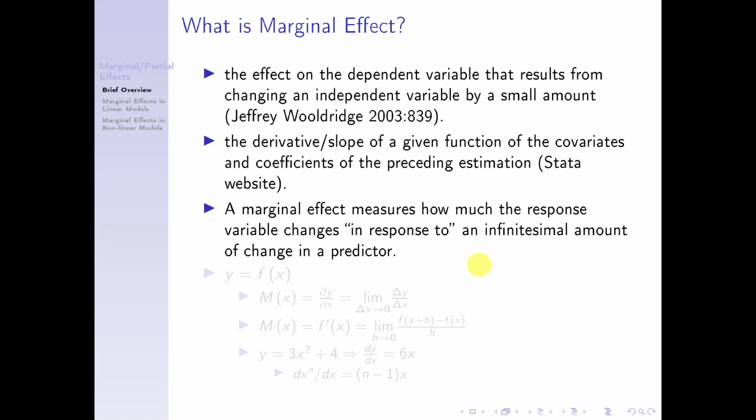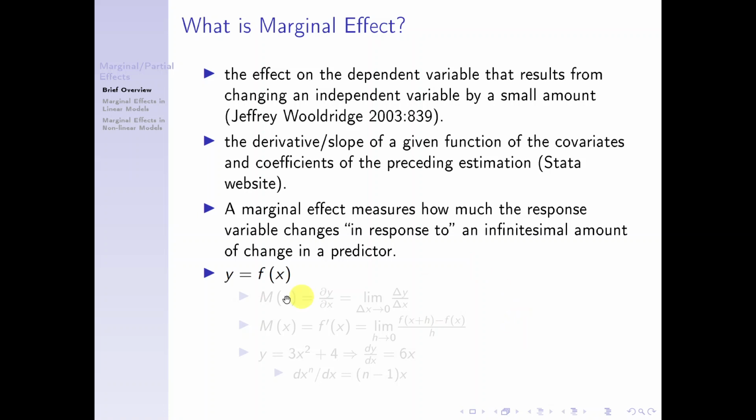Again, a marginal effect measures how much the response variable changes in response to an infinitesimal amount of change in the predictor, given the values of other covariates, if any.